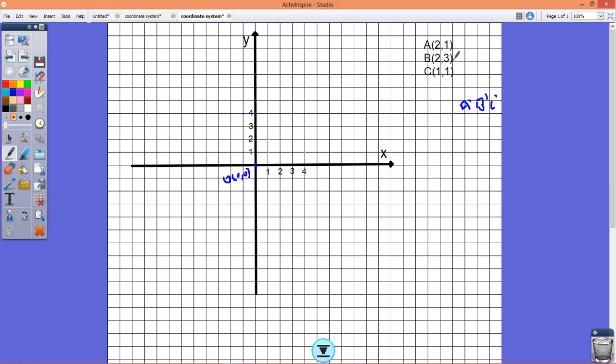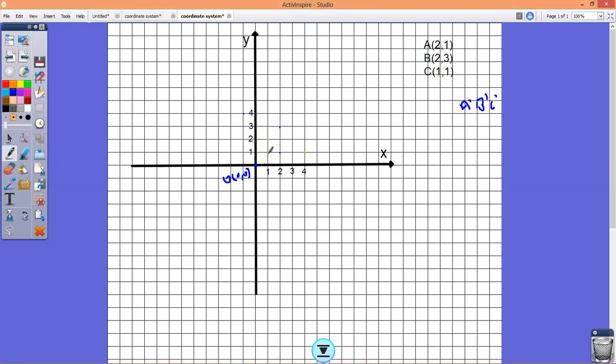Now, let's find our shape. A is (2, 1): x is 2, y is 1, it will be this point. B is (2, 3): x is 2, y is 3, it will be this point.